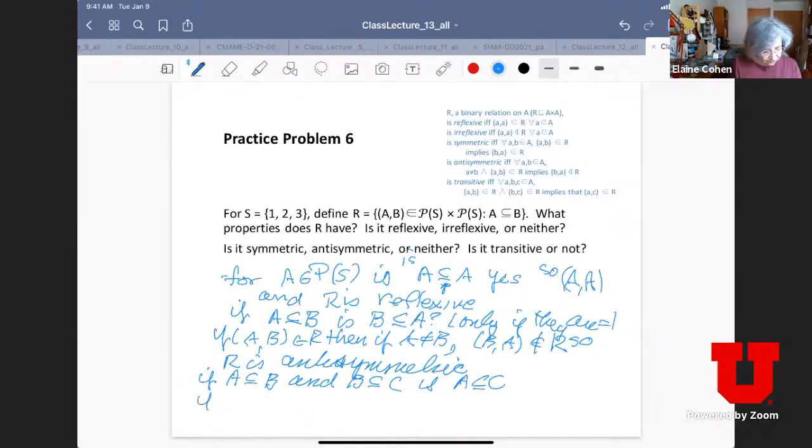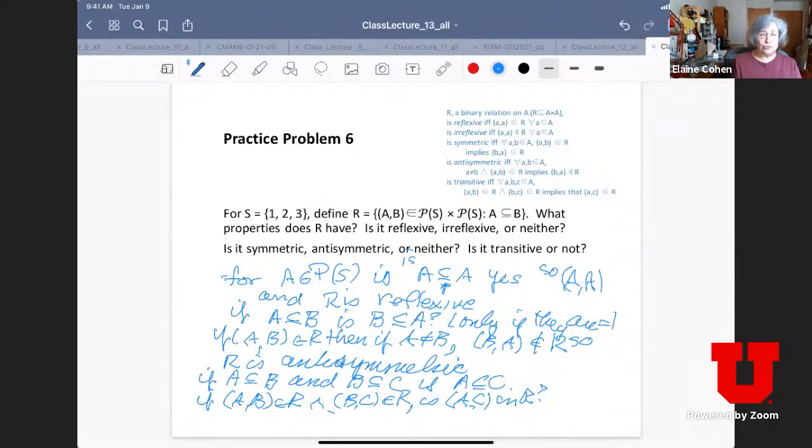This says if (A, B) is in R and (B, C) is in R, is (A, C) in R? Is it? If A is a subset of B and B is a subset of C, is A a subset of C?